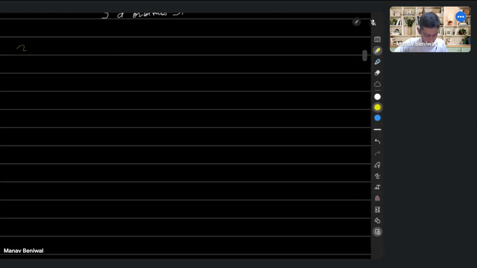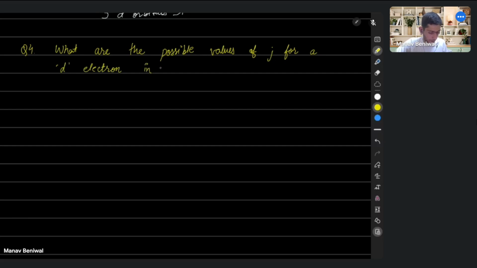Let's solve one more. We are given a one electron system, which is a hydrogen-like atom, and the electron in the hydrogen-like atom is in the d orbital.